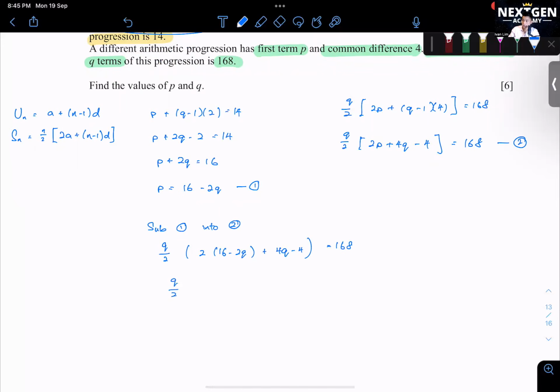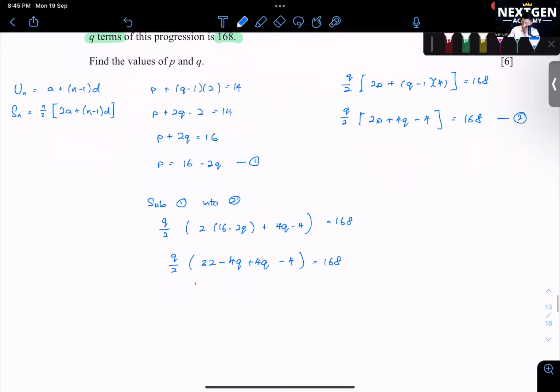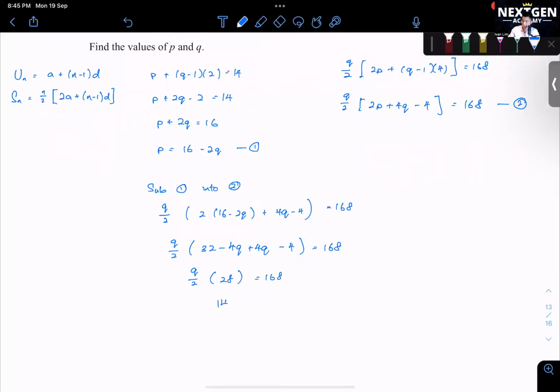So Q over 2, 32 minus 4Q plus 4Q minus 4 equals 168. Q over 2, 28 equals 168. 14Q equals 168. Q equals 12.